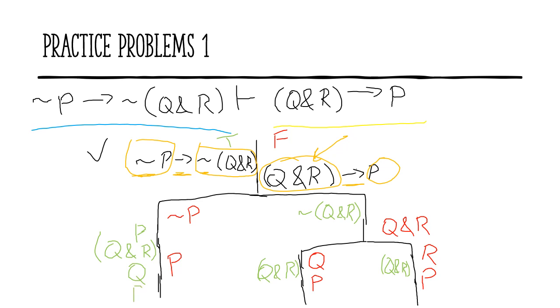So Q and R, Q and R, Q and R. They all stack because it's an and. Because wherever this ampersand is true, they're both going to stack. Both sides of them are going to be true.